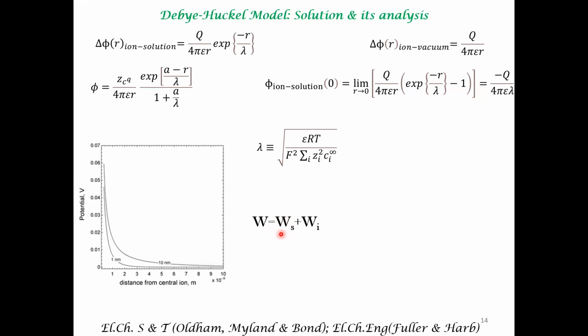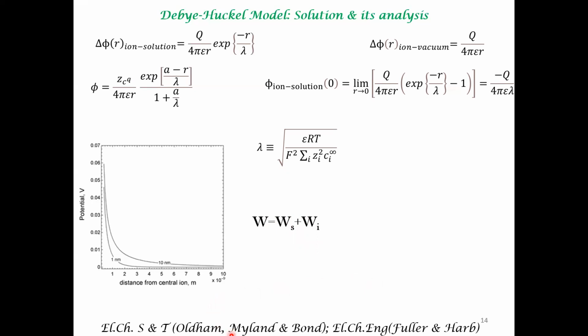That term is called the self-energy term. And then there is an interaction of the ion with all the rest of the ions in the medium. These are both electrostatic terms that I have not elaborated. Once I have these two work terms, I can connect the work term to the free energy changes. Once I have made that connection, I can connect the free energy term to the activity coefficient. That part I have not elaborated in this lecture.